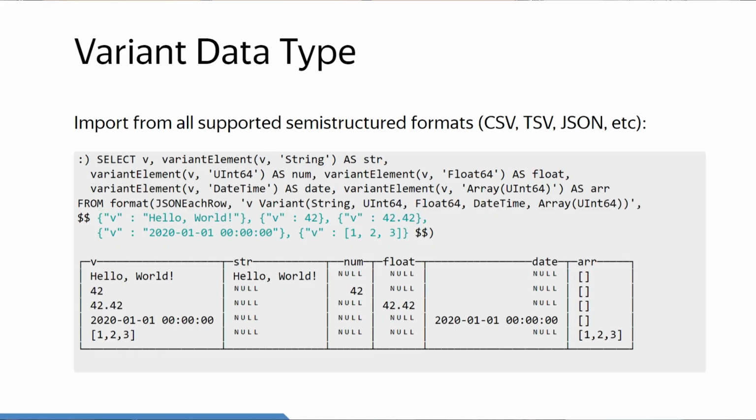And it works for insertion from various data formats, including JSON. So here I have a JSON with non-uniform data types: strings, integers, floating point, date, and array. And this data is inserted.